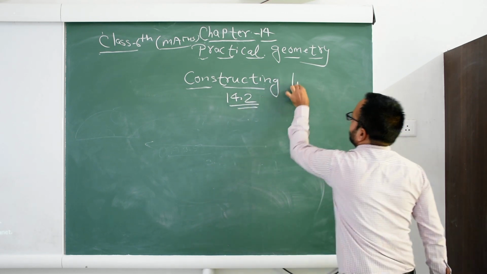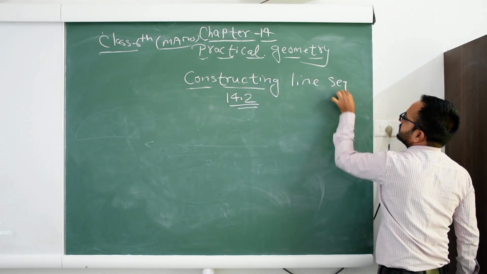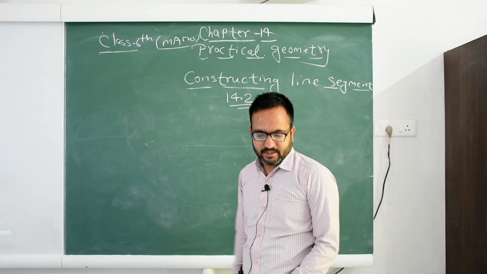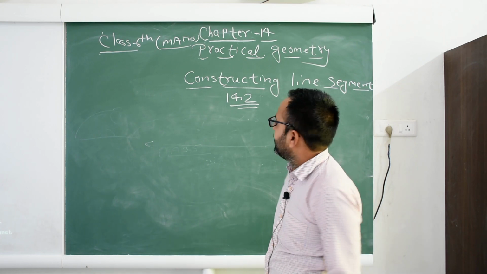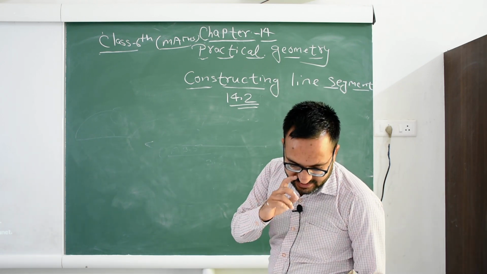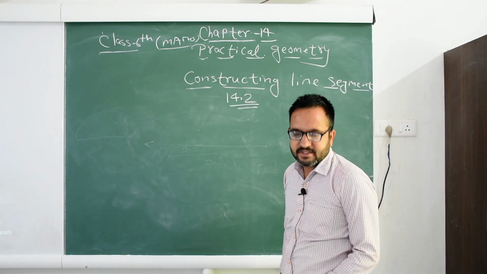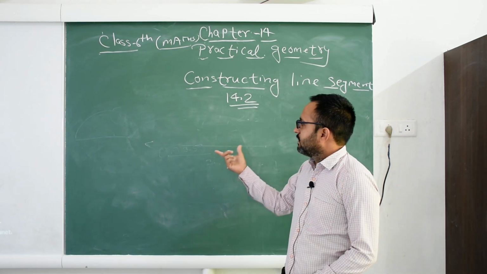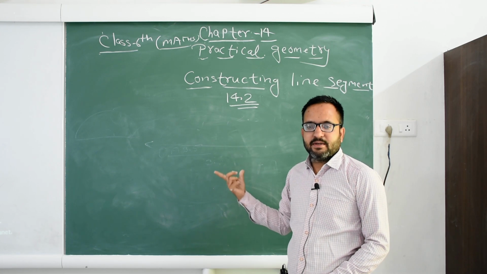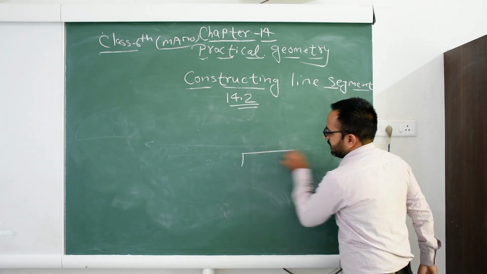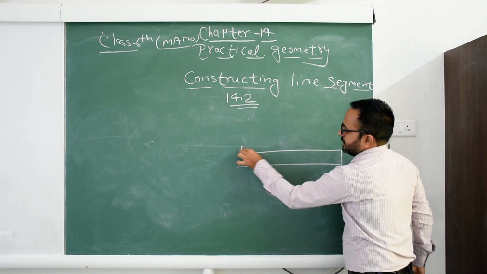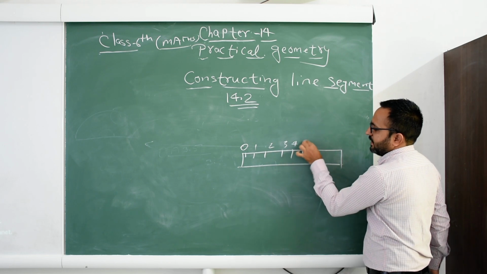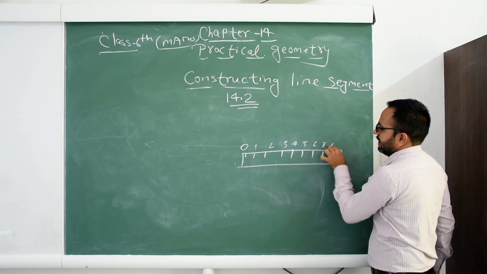14.2, constructing a line segment. Question number 1: draw a line segment of length 7.3 centimeter using a ruler. With the help of a ruler or scale we construct a line segment. First of all, on the ruler, this is 0, 1, 2, 3, 4, 5, 6, 7 and 8.